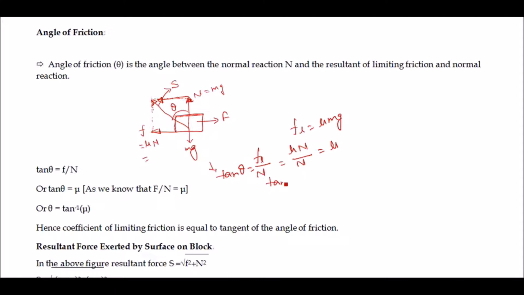So tan theta is equal to mu and theta is equal to tan inverse mu. So it is written here that the angle of friction is equal to tan inverse mu. Hence coefficient of limiting friction is equal to tangent of angle of friction.